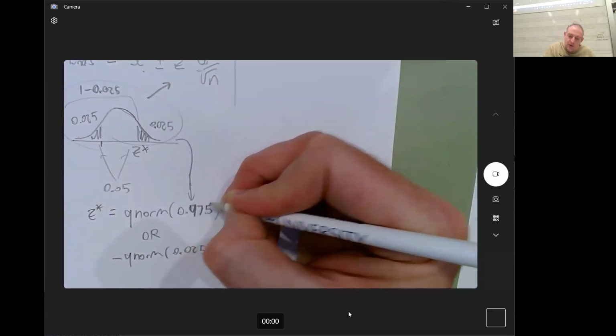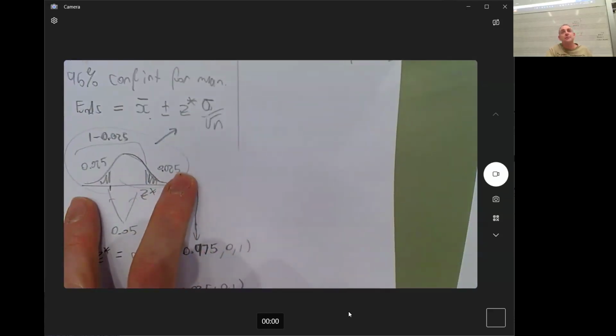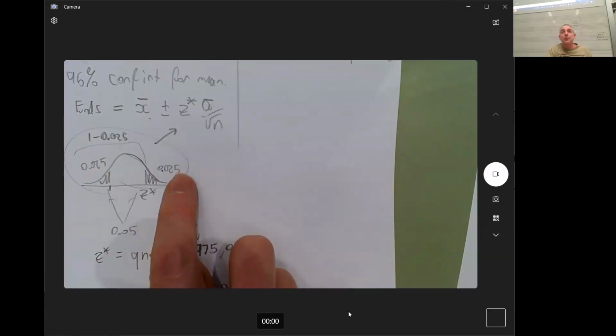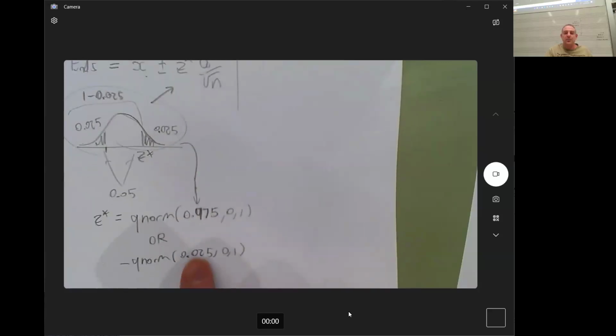And it came about because this Z has to have 5% on the outside because of the 95% in the middle, which means it has 2.5% at the top, which means it has 97.5% at the bottom. That's where that came from. But you can also just make it 2.5% at the bottom and then make it into a positive number by putting an extra minus. That's the other way to do it.